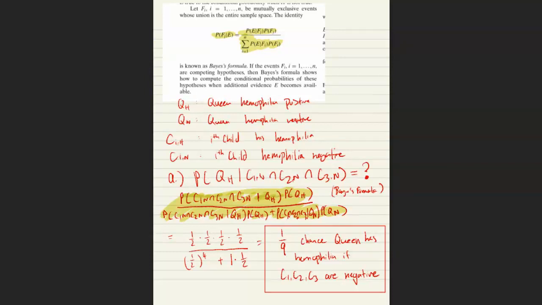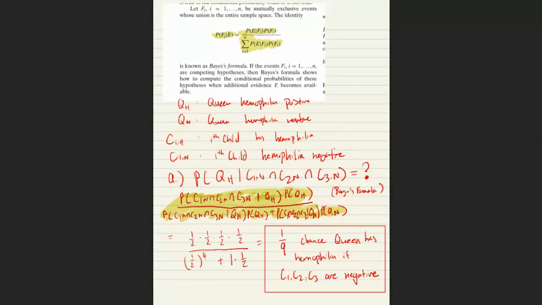And for the denominator, we use the law of total probability, where we again flip the condition we're conditioning on, which is conditioning on the queen having hemophilia. And we also add the condition where the queen does not have hemophilia.